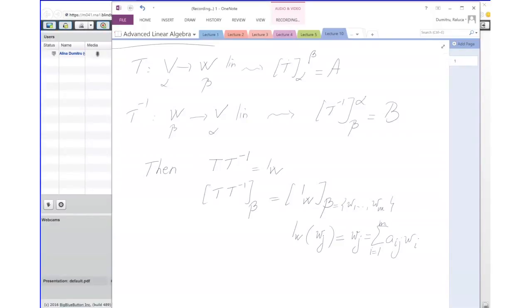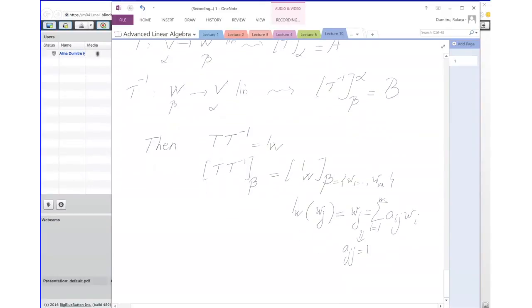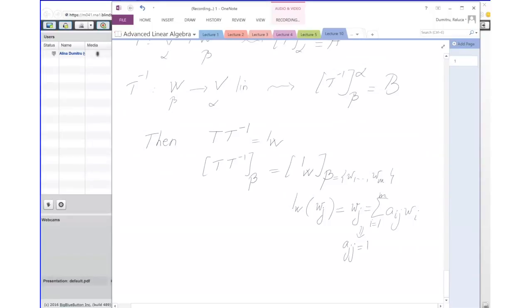So what does this tell you? What are the aij? Well, this tells me that ajj is 1. Do you agree? Because only wj appears on the left. And on the right, I have all of them, and everything else is 0. They don't show up. It's just wj there.